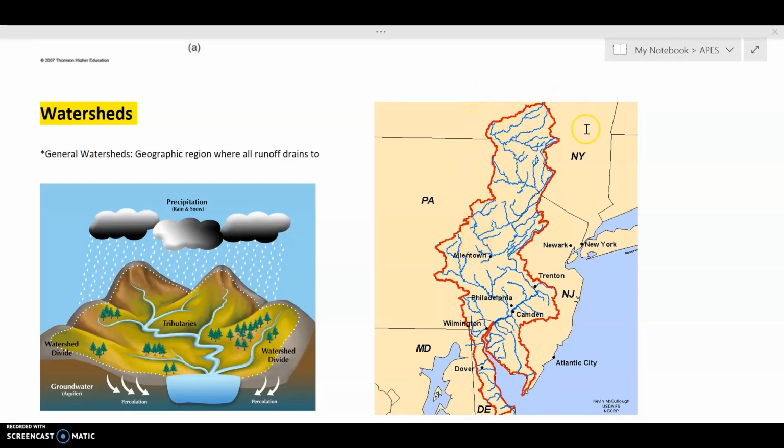So when it rains, all that water from that rain is going to drain all the way down to areas of lower elevation until it reaches the end point, which in our case is the Atlantic Ocean.